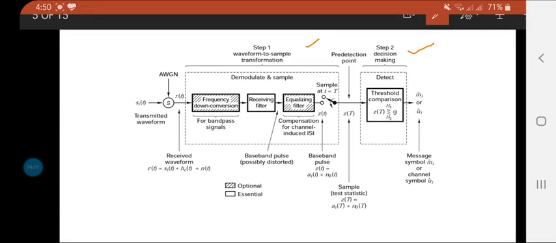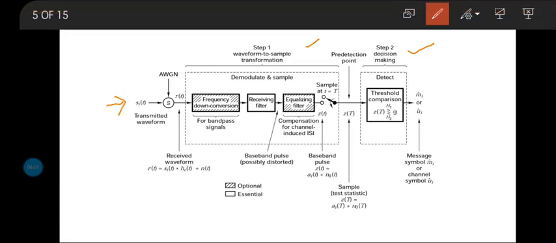The symbol Si of t is the transmitted waveform, which will definitely get affected by the white Gaussian noise as we have seen in the previous session. So the received signal or the received waveform, we are going to refer to as r of t.